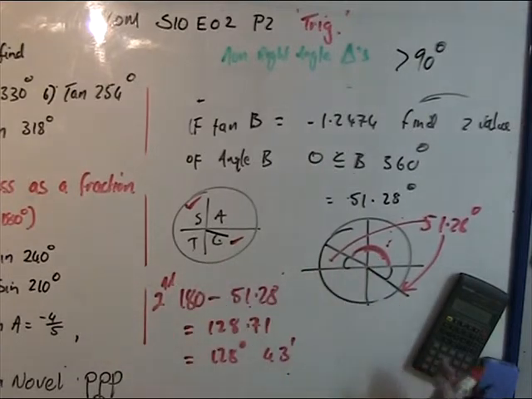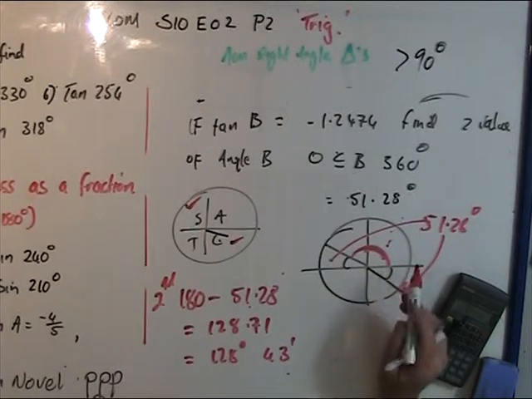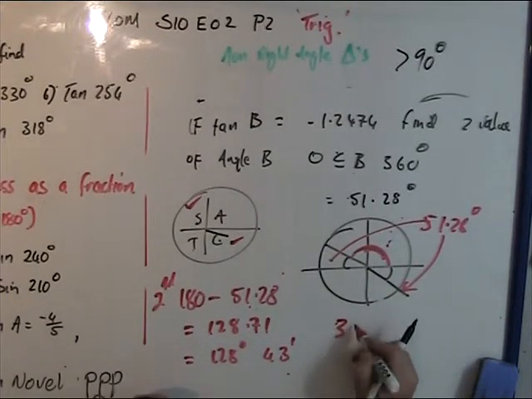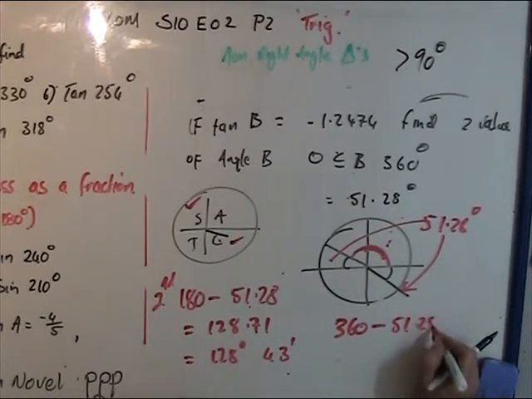And now I must find the third one, which is, I must take this angle away from 360. It's 180 the last time, but this is 360 minus 51.28.